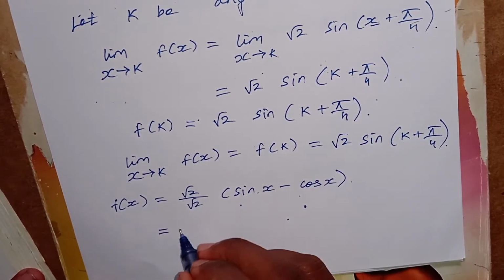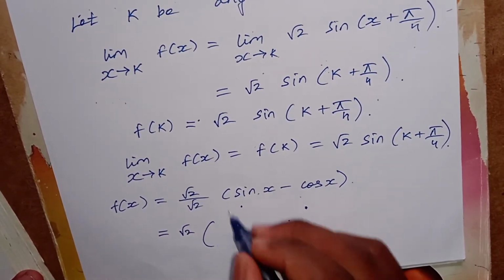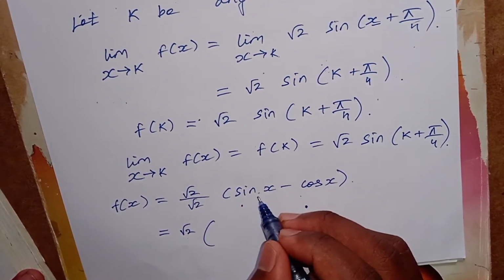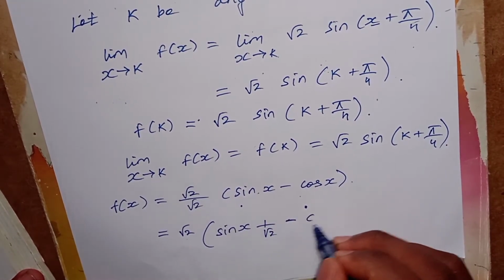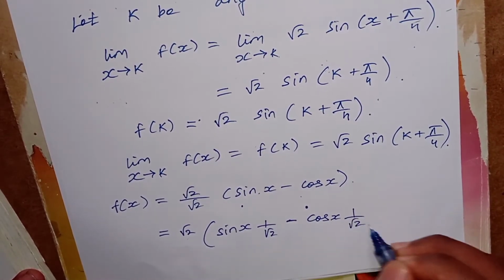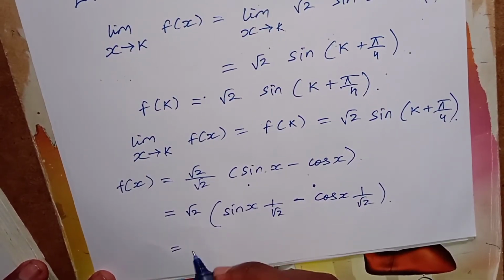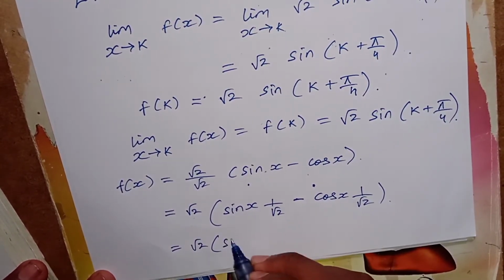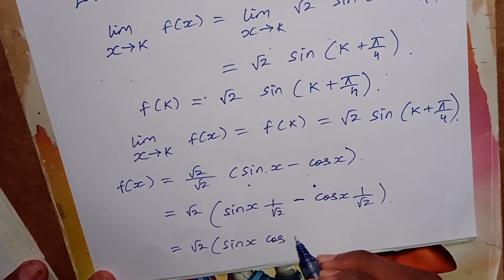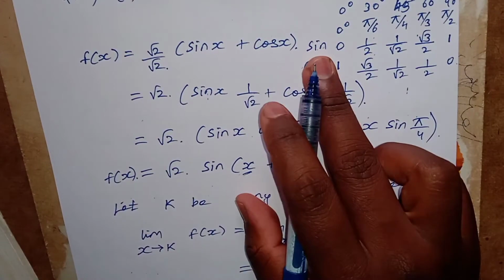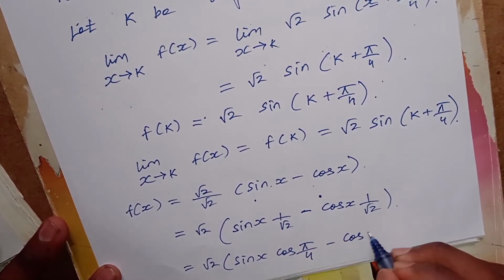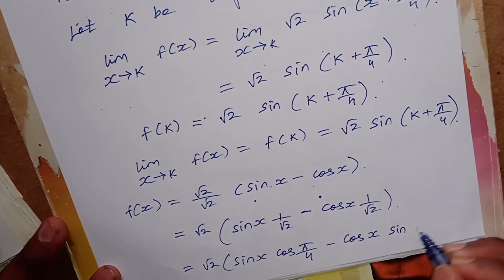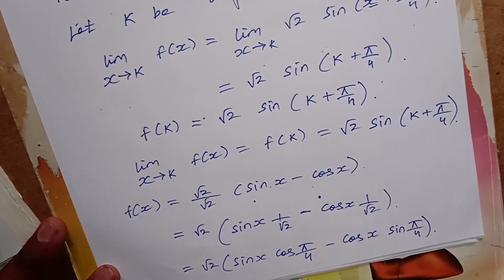Therefore I am keeping the numerator root 2 and multiplying 1 by root 2 inside. Therefore sin x into 1 by root 2 minus cos x into 1 by root 2. Keeping my root 2, here sin x cos pi by 4, since 1 by root 2 is nothing but cos pi by 4, minus cos x sin pi by 4.